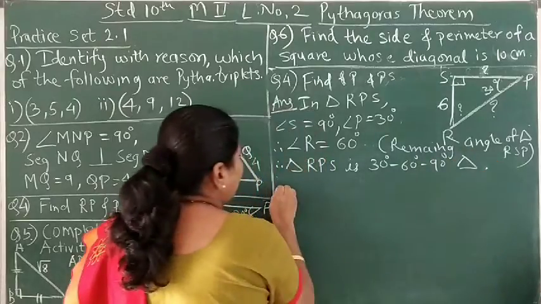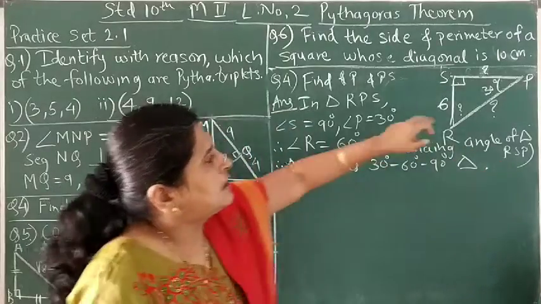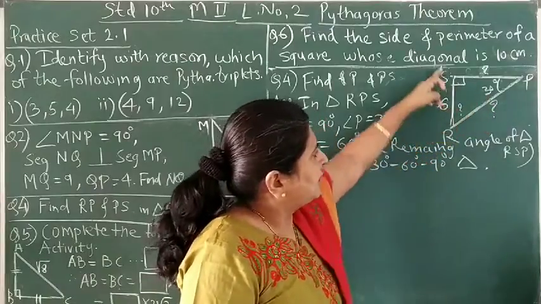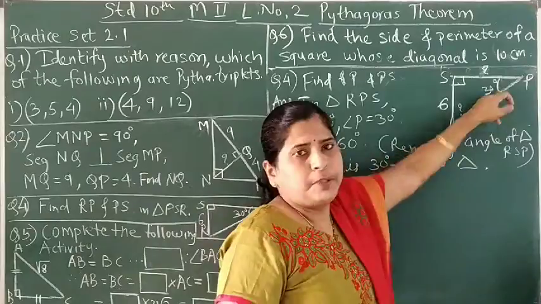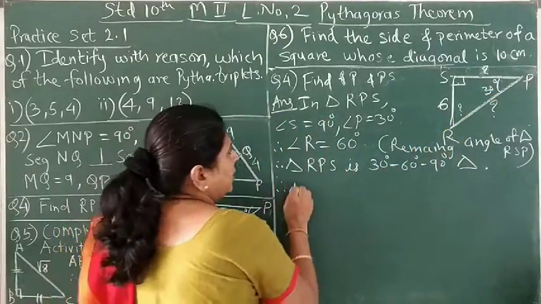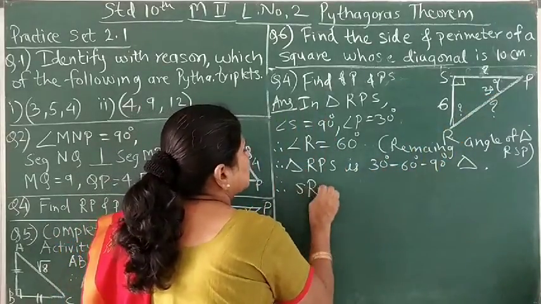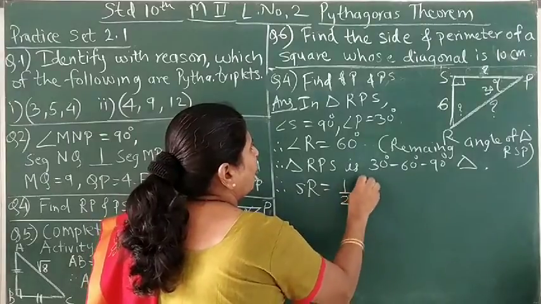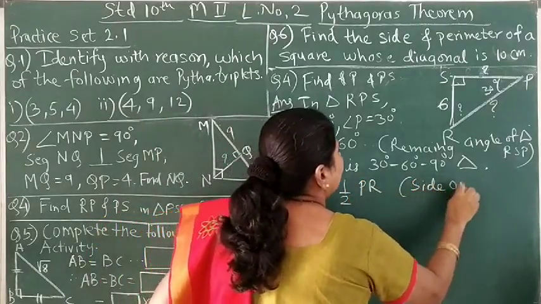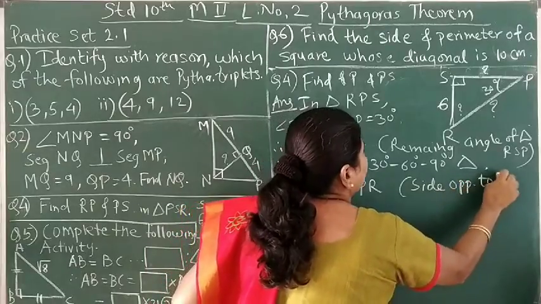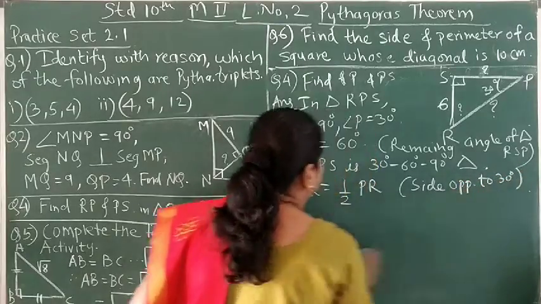Now, as per this, we know that the side opposite to 30 degrees, that is SR, is half of the hypotenuse PR. Therefore, SR is equal to half of PR. Here, the reason is side opposite to 30 degrees.